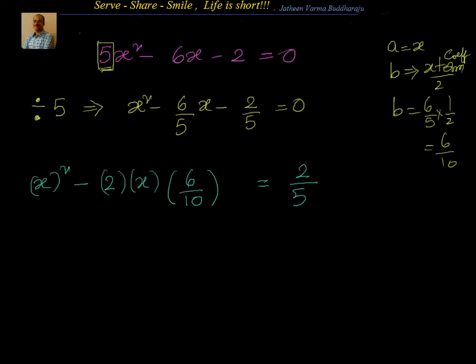Now we see here we have a square minus 2ab. Missing is b square. B square is missing. So let's add b square now.